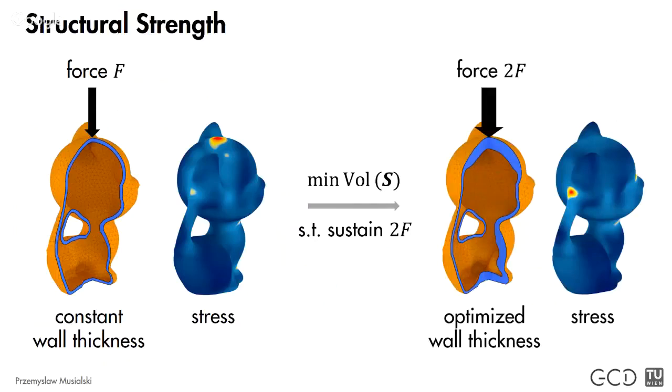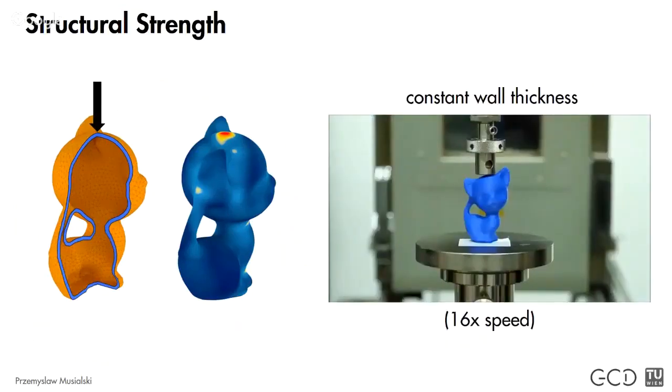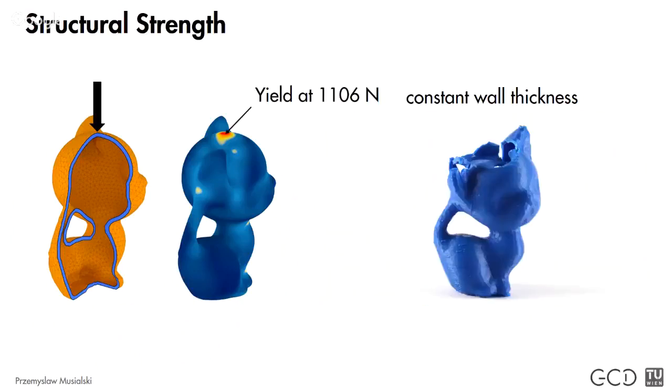The result was that our algorithm has thickened the object here and in those regions, and the simulation showed that it will yield at this point, so it will break at this point with twice as much force. And then we just tested it on a professional testing machine, and indeed it turned out that the original object yielded here at a value of about 1,000 newtons.